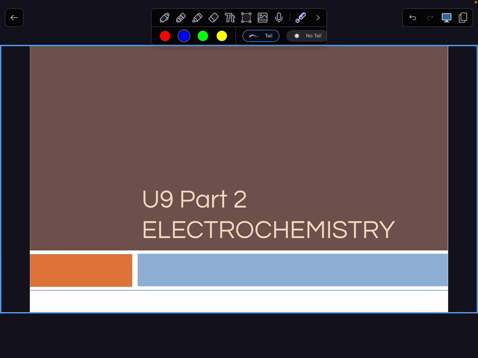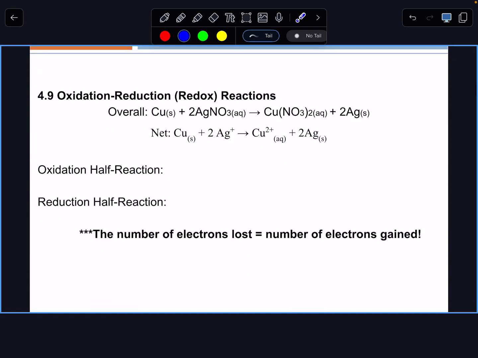But outside of that, there are two parts to this unit. There's thermodynamic favorability, which is part 1, and electrochemistry, which is part 2. Now, this is not a typo. This is technically topic 4.9 that we're learning about today. It's in topic 4, and I used to teach it in topic 4, but a few years ago I realized that all it was in unit 4 was introducing electrochemistry.